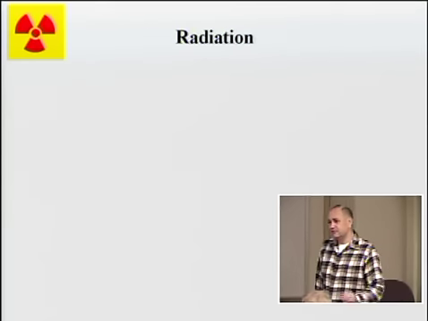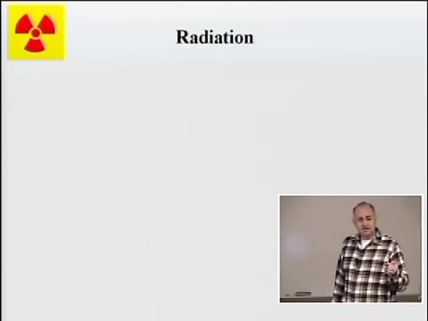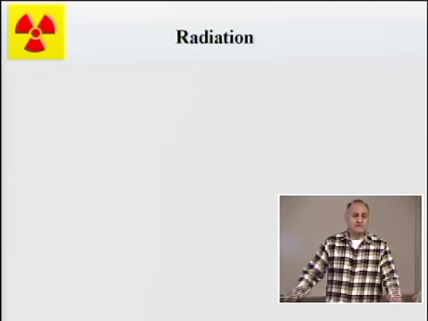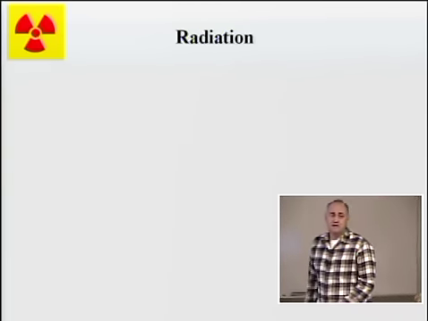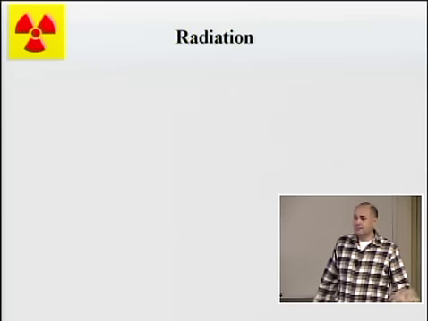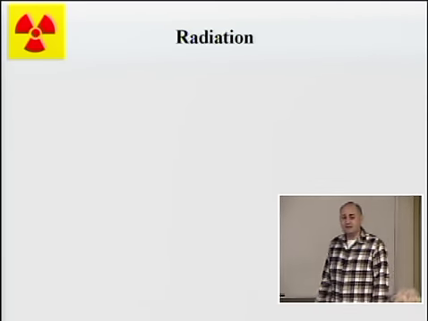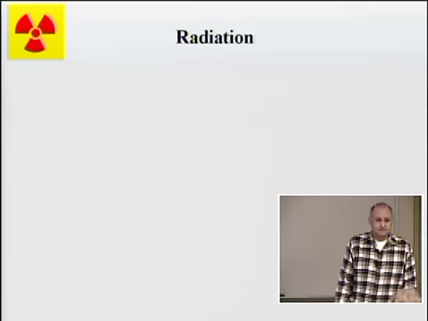Heat can be transferred three different ways. One is by convection, when a mass of fluid moves from one location to another location and heats up that vicinity. The second mechanism was conduction.